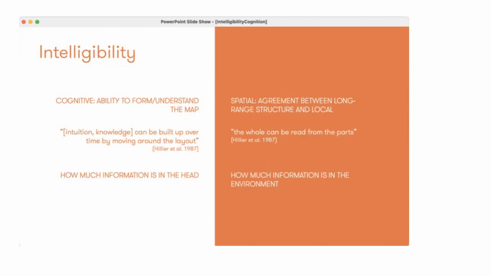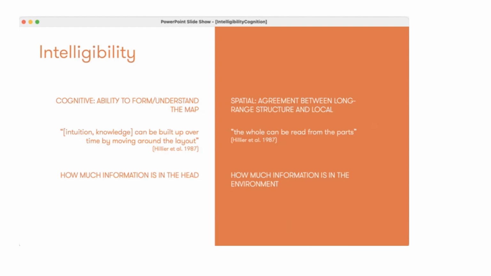But we have these 2 very different ideas about what intelligibility is. So on one hand, it's described as our ability to understand the map, the intuition and knowledge that we build up over time. That's about how much information we have in the head. This is the cognitive side. But there's also the spatial side. The technical measures for intelligibility are those correlations between measures of the streets. It's how much the whole can be read from the parts.